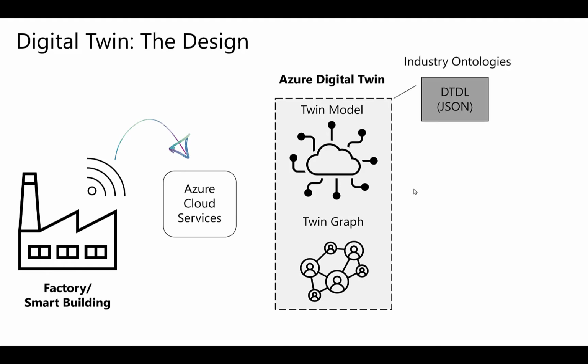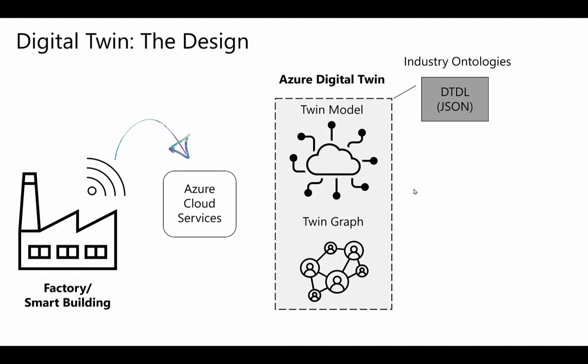Twin model is the actual representation of your facility, in this case a smart building, and you define that using Digital Twin Definition Language. It's a DTDL construct, and of course there are industry ontologies. If you want to take a base blueprint as a reference and redefine your smart building or a factory, absolutely doable instead of starting from scratch, right?